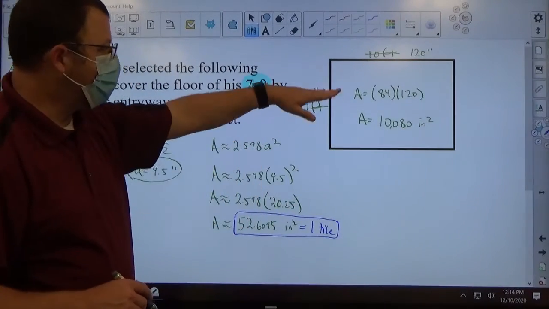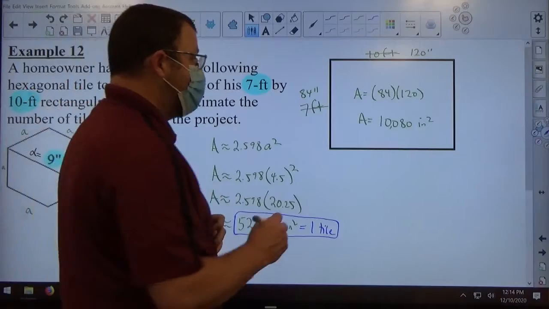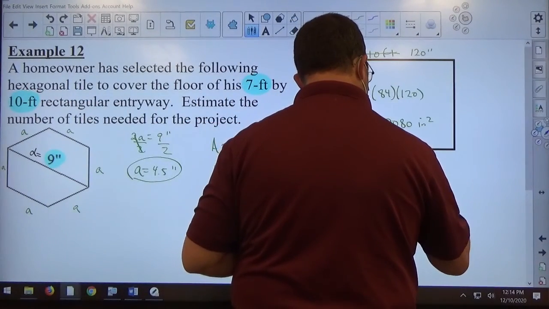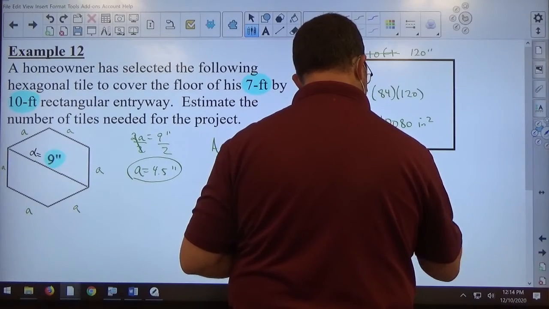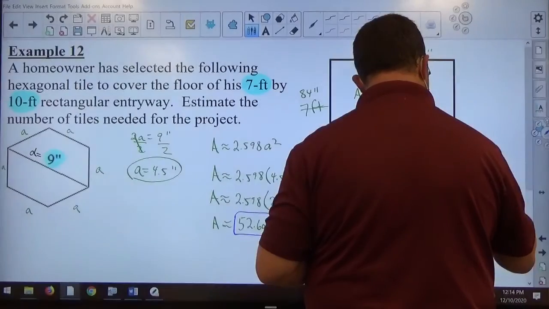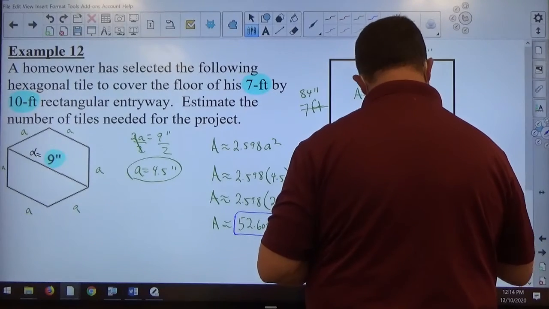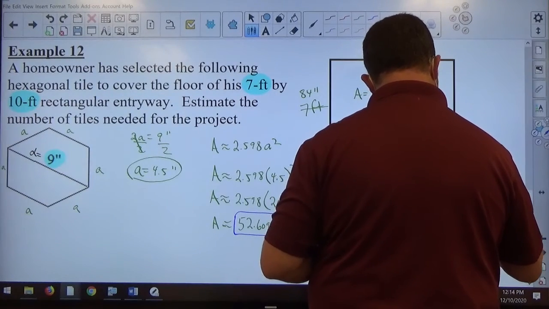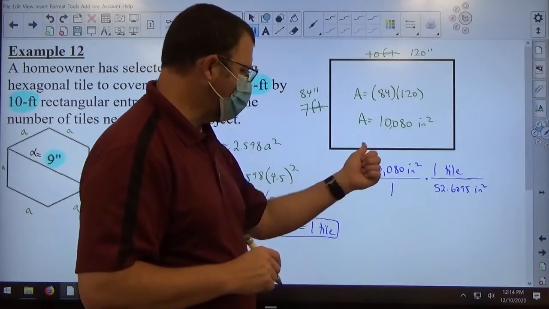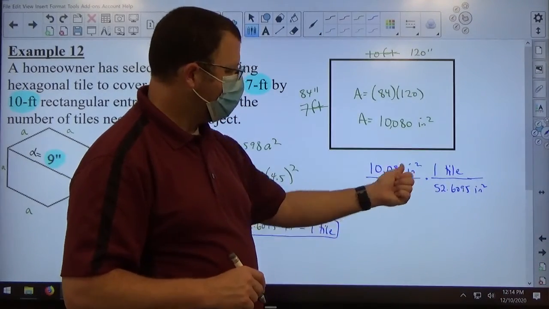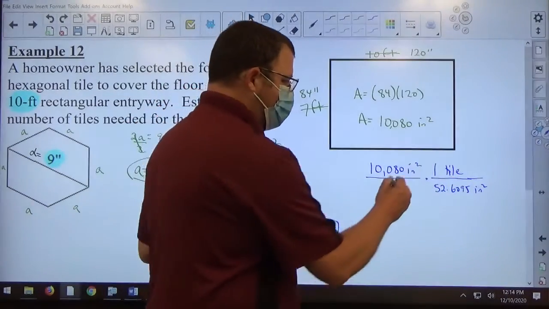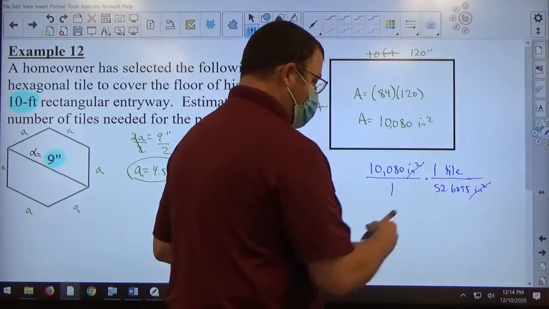So if I want to figure out how many tiles I need, and I've got 10,080 square inches, I'm going to multiply by one tile over 52.6095 inches squared. Number of tiles equals the area of the floor we're trying to cover divided by the area of one tile, because inches squared cancels inches squared, leaving us with tiles.